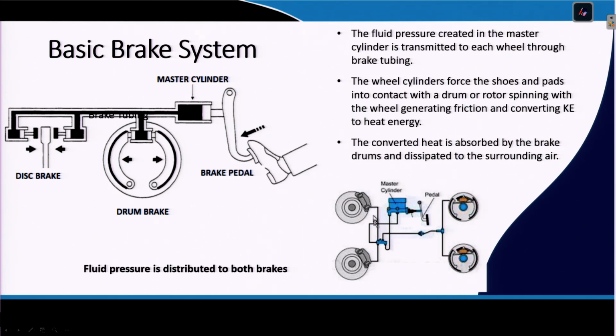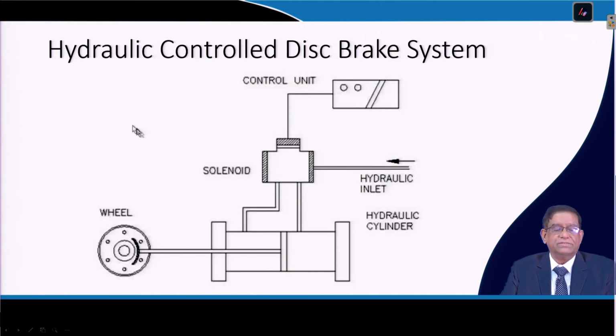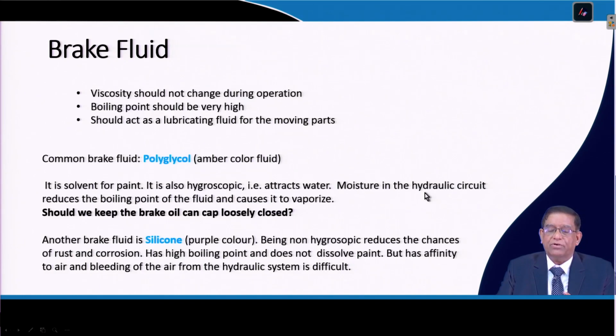Here you may have a shoe brake, or an internally expanding brake. These brakes are actuated by electric or hydraulic systems. In a hydraulic brake, the control operation is basically done by this hydraulic oil system.